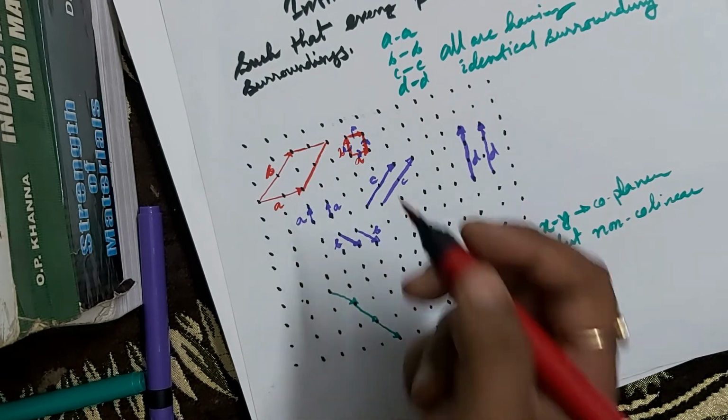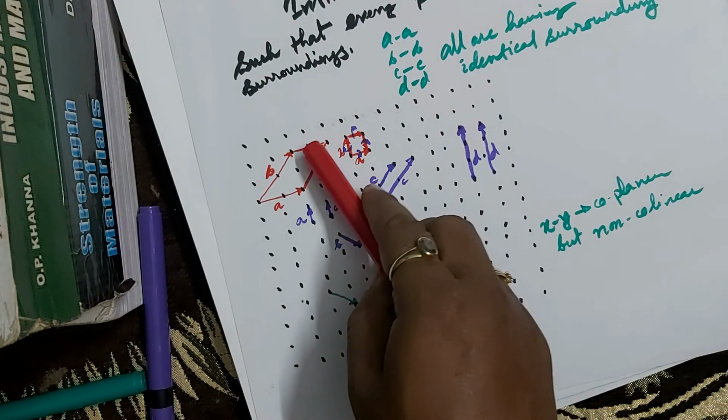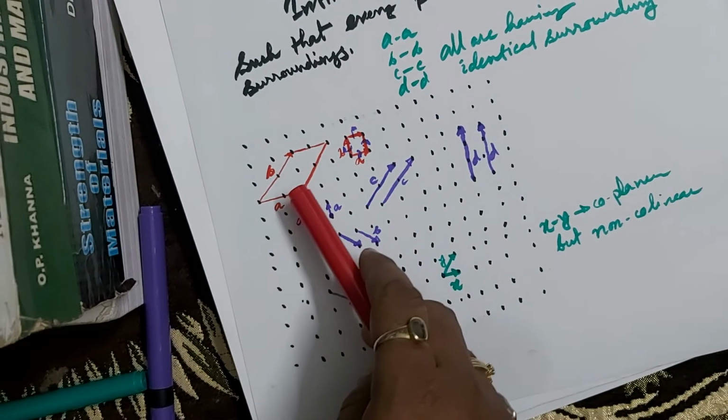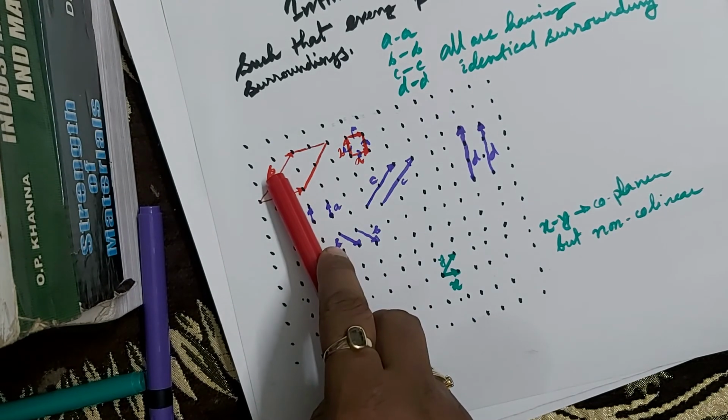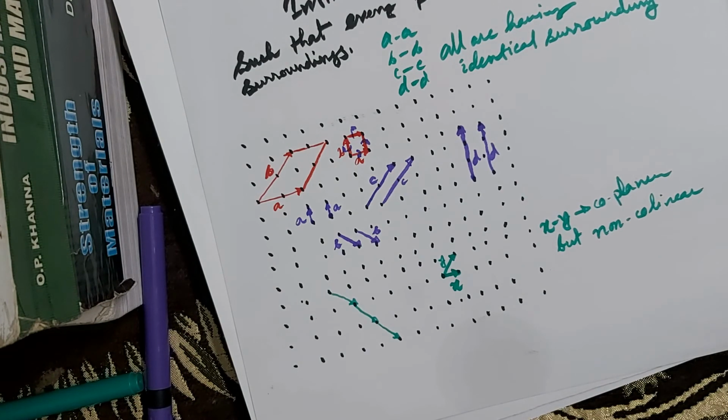Again, after 90-degree rotation, it will lie on this side, and then on this side, then again on this side. In this manner, after 360-degree rotation, we can get the identical shape. So this is called rotational symmetry.